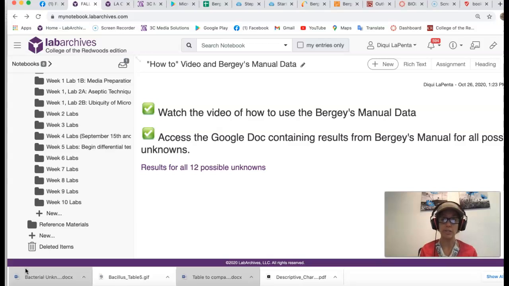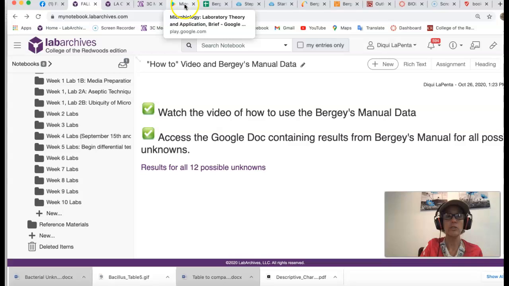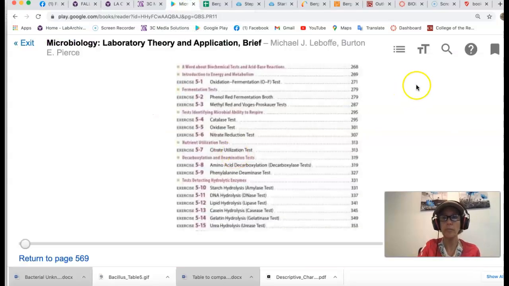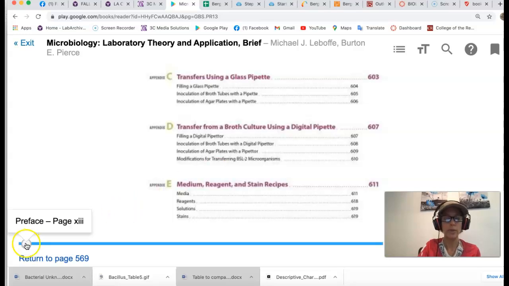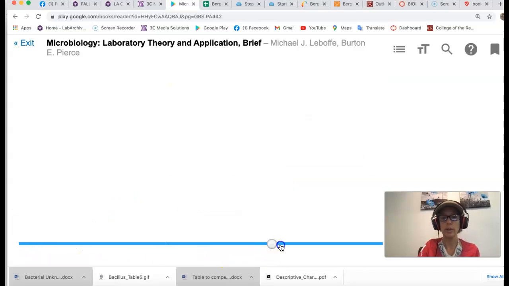And if you haven't done so, then that's where you need to go to exercise 9 in the LaBeouf and Pierce lab notebook and follow along in those charts until you find your unknown. Let's scroll till I get there to exercise 9.